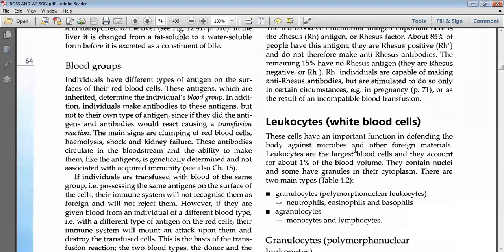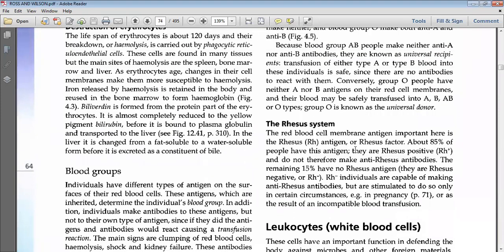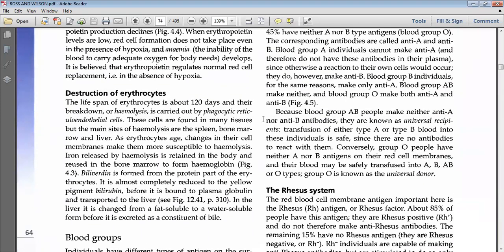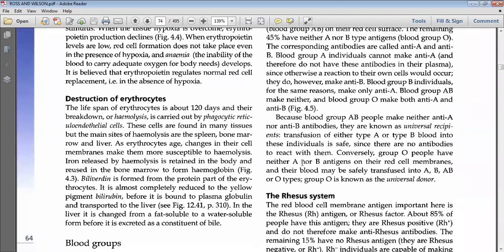Now, when we are transfusing blood from one person to another person, the scientists found that there is a problem with the blood transfusion.